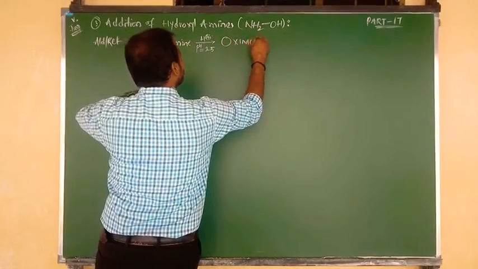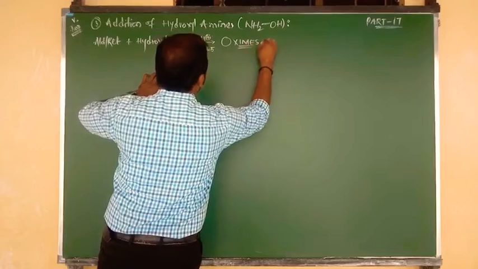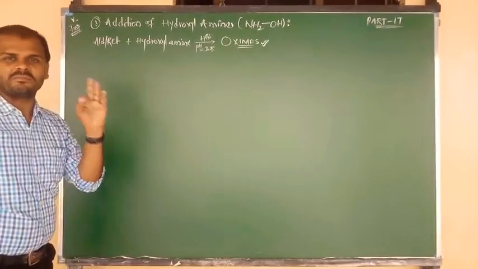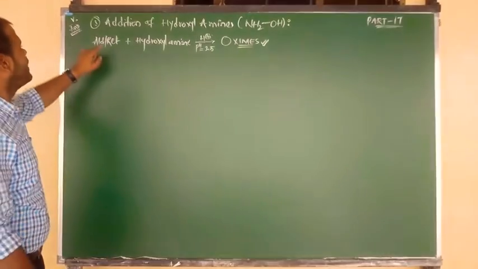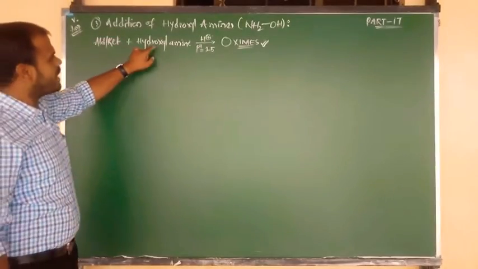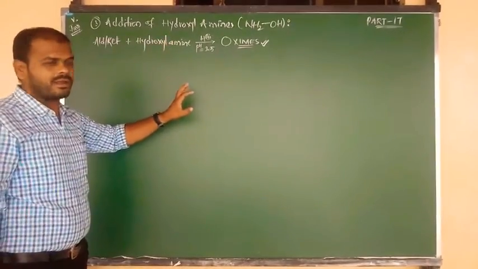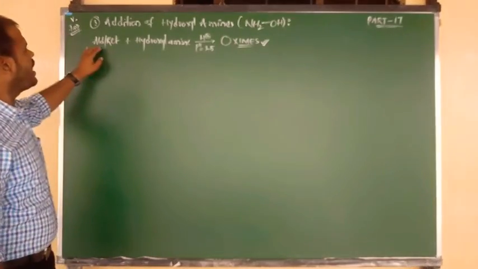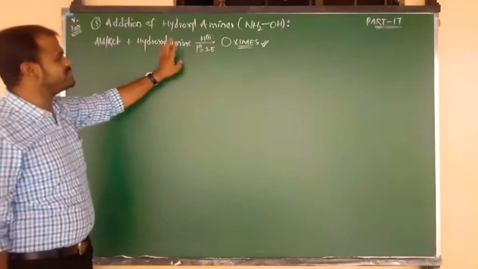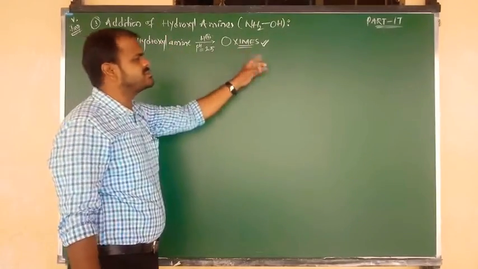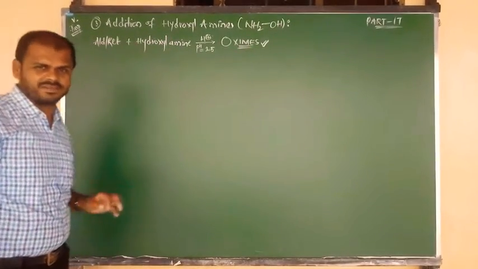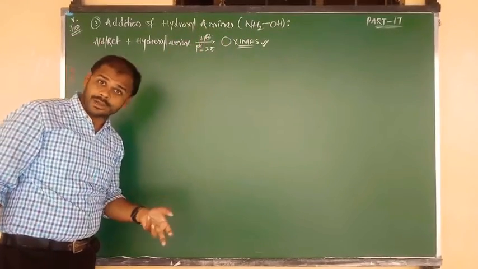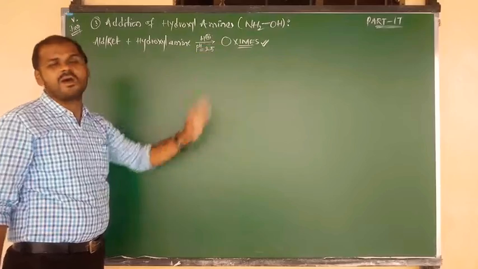Very interesting name. This is called oximes. Very important. Aldehydes and ketones on addition with hydroxyl amine give oximes. And simply we can say that aldehydes and ketones on reaction with hydroxyl amine give oximes. That is the statement. Oxime, focus karo. Main reactant and main product. Reactant is hydroxyl amine and the product is nothing but oxime.